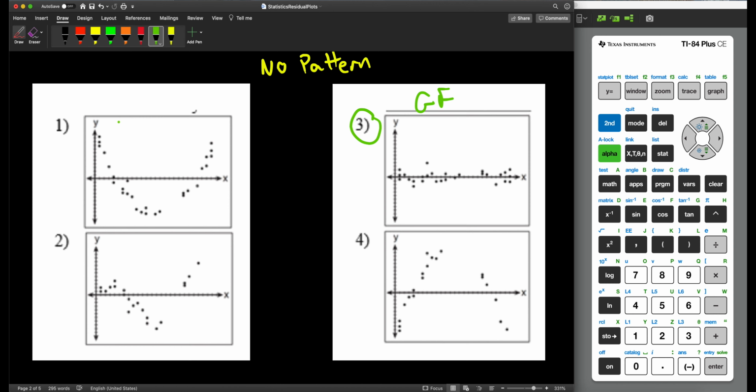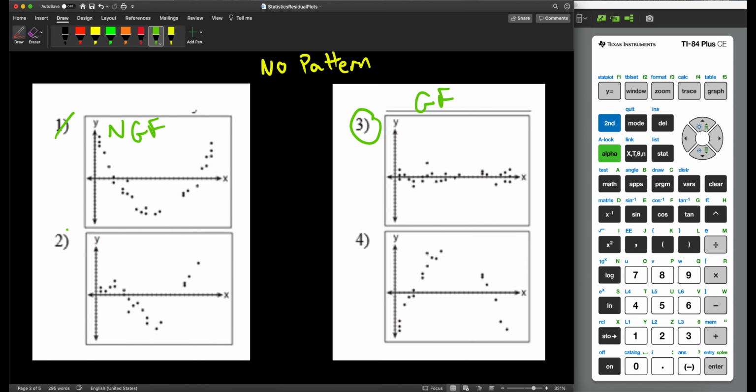Notice choice 1. Some are high above the x-axis, some are low, some are high again, and it also does form a pattern. If you look carefully, it almost looks like a positive quadratic function. So we say not a good fit. So that's not our answer. This also, some are close, some are far, some are far, does form a pattern, almost looks like an absolute value function to me.